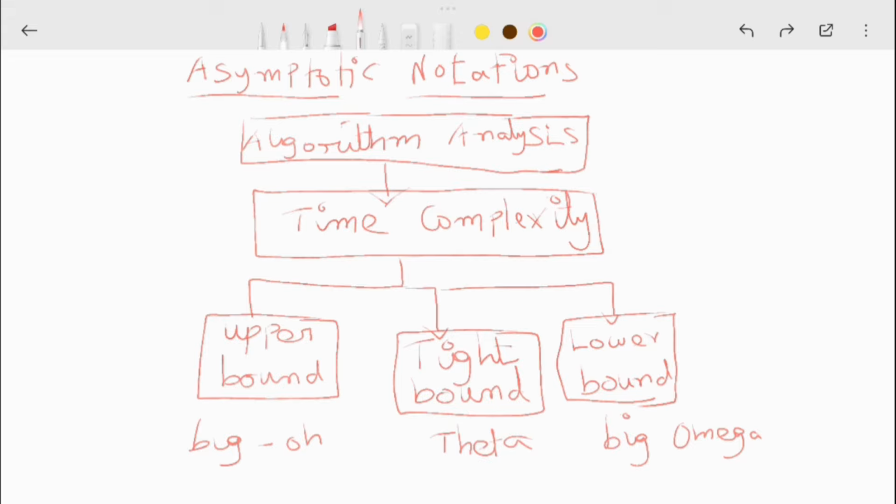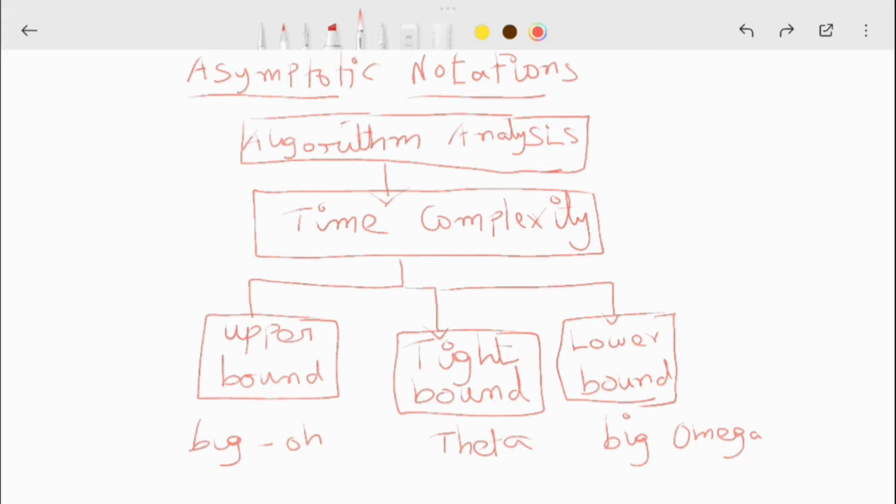So actually, for time complexity, there are three different cases: best case, worst case, and average case. We can relate the upper bound to the worst case time complexity. That means the worst case is the maximum time it takes to complete its execution. The lower bound can be related to the best case, which is the minimum time it takes to complete.